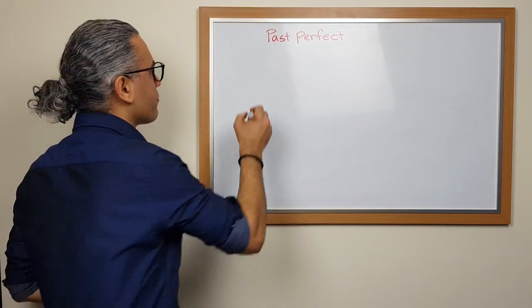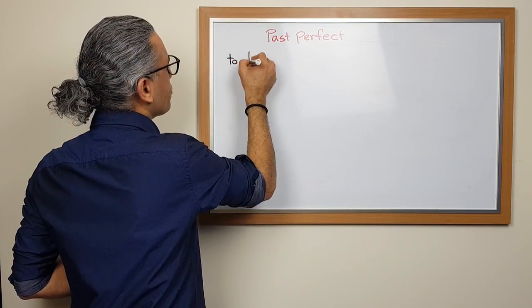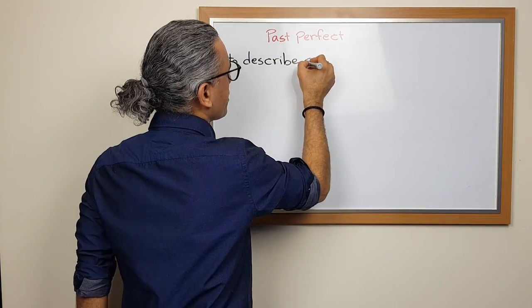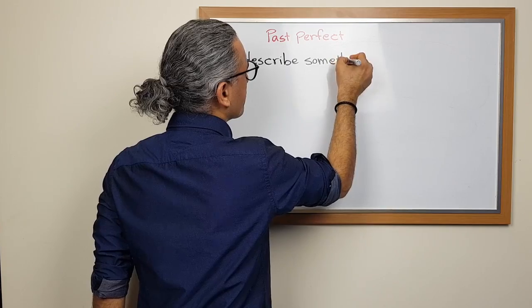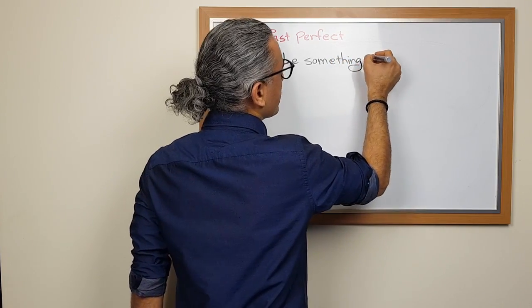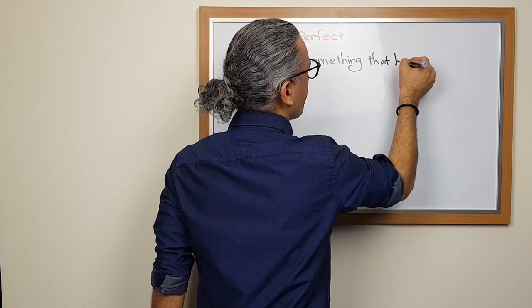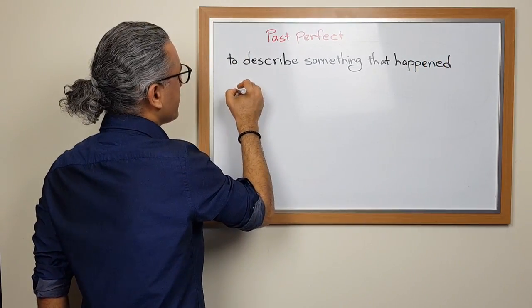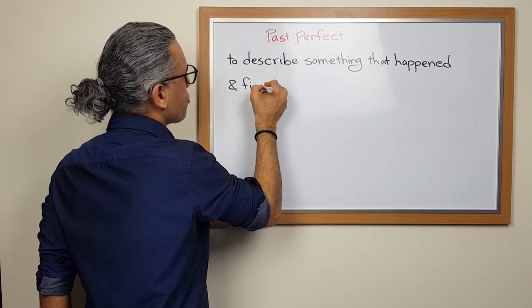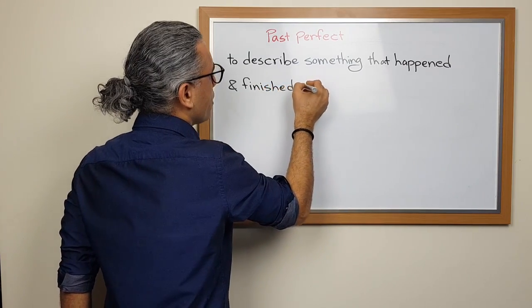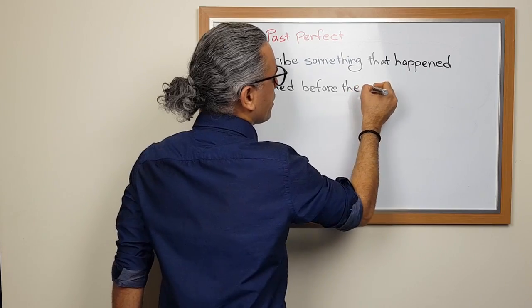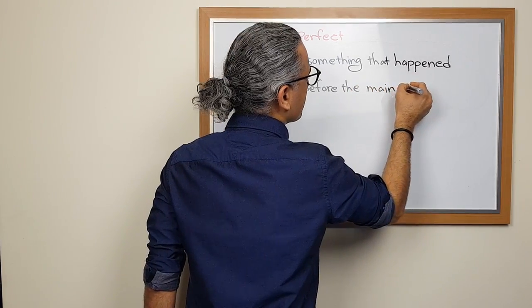We use past perfect to describe something that happened and finished before the main event.